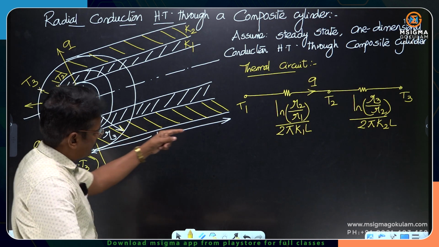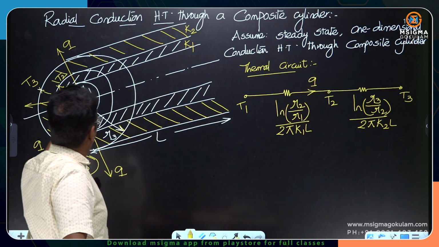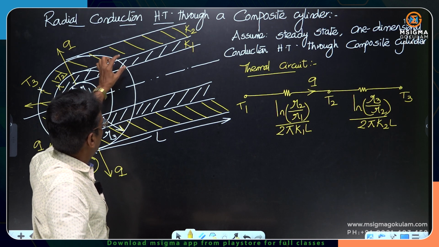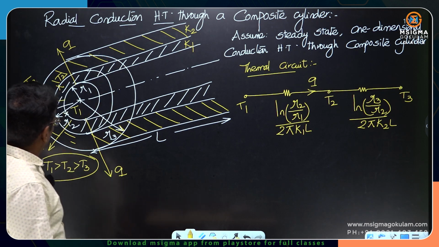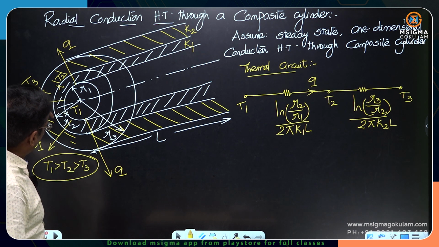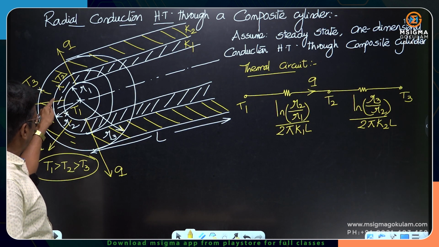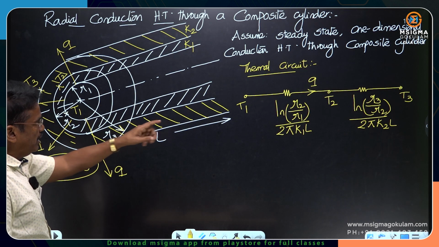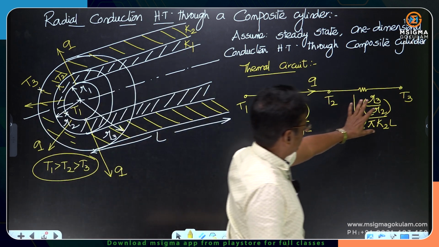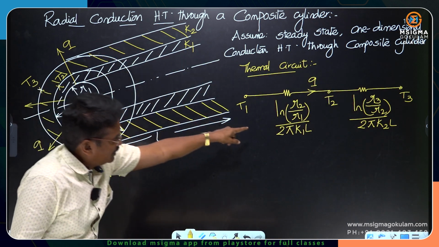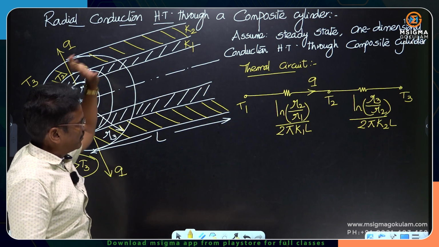The first is ln R2 by R1 divided by 2 pi K1 L, the conduction resistance offered by the inner pipe material. The second, ln R3 by R2 divided by 2 pi K2 L, is the conduction resistance offered by the outer material.